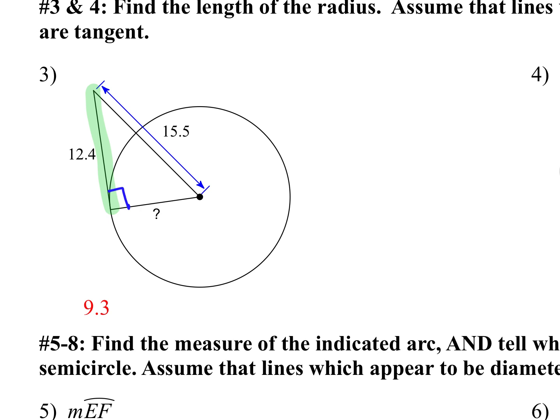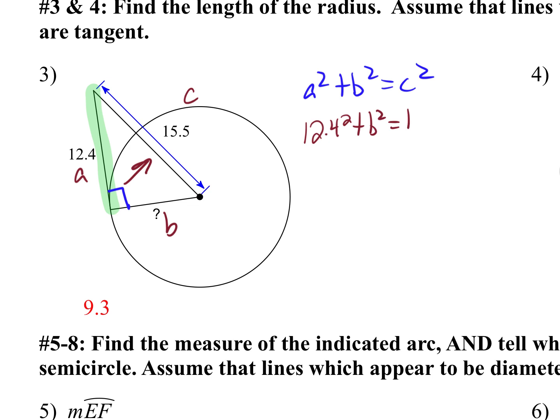Right triangle. And we're missing one side. We can use Pythagorean theorem again. And which side is my C? 15.5 is the one across from the 90. And the other two are A and B. So that's going to be 12.4 squared plus, we don't know, B squared equals 15.5 squared.